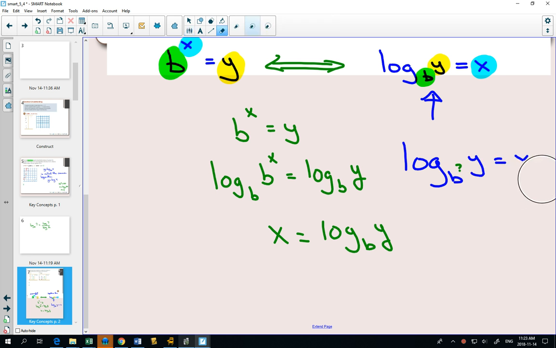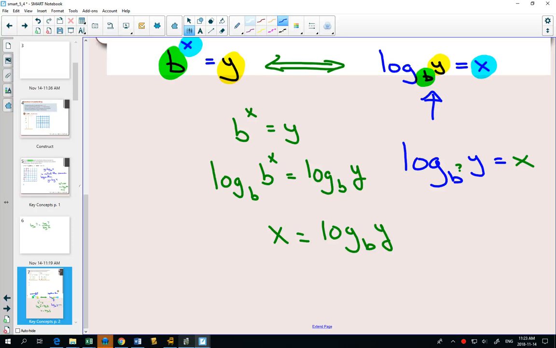I'll change the x to green too. That's sort of how I visualize a logarithm. I say the base is b. What exponent would make it equal to y? That's the answer to it. Because b to the x equals y is the exponential form.